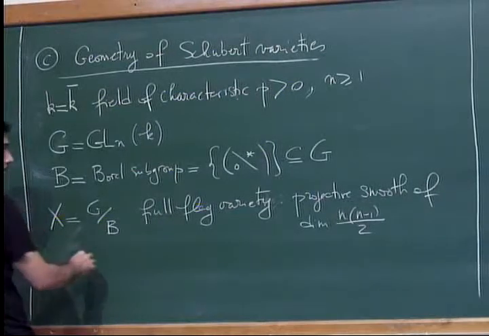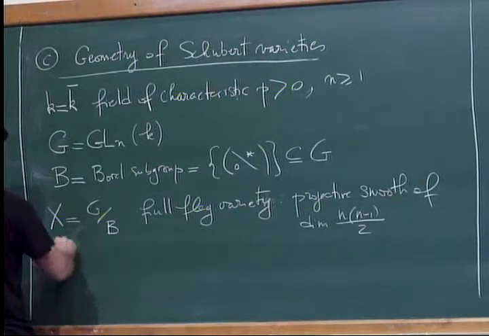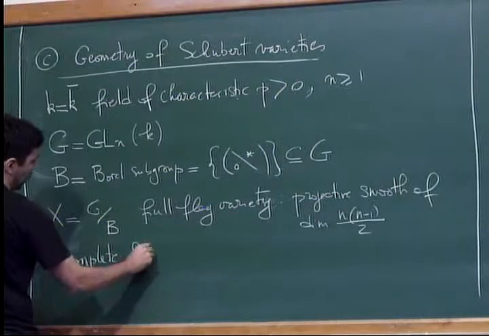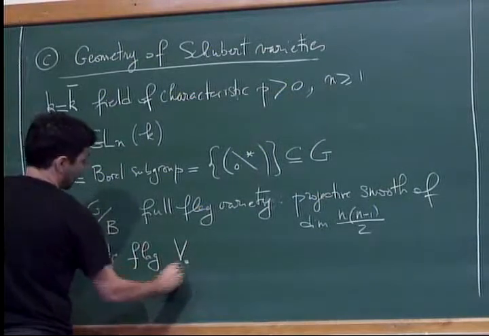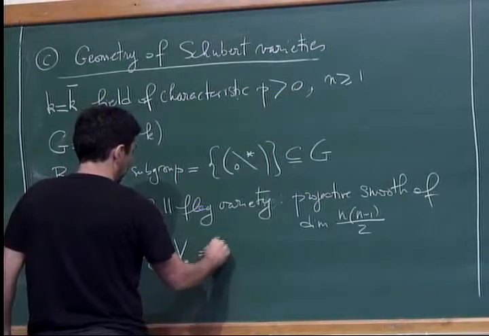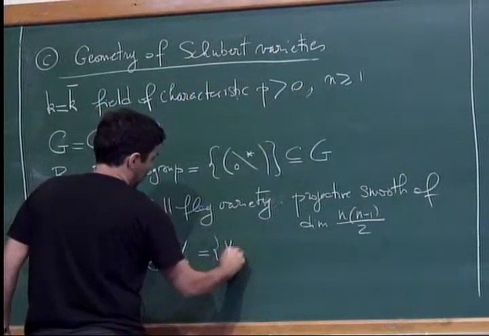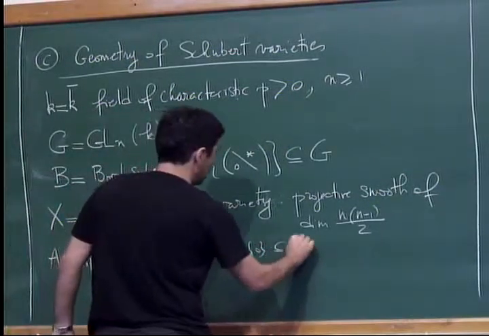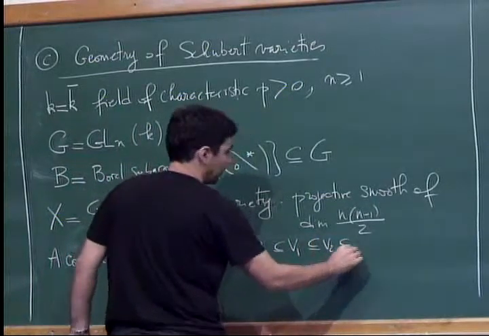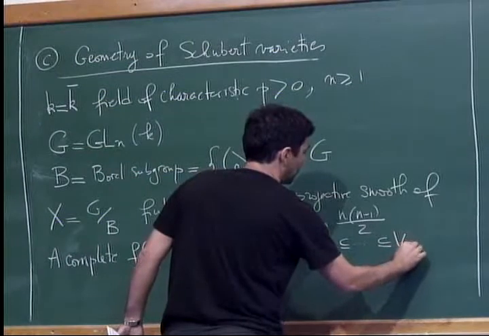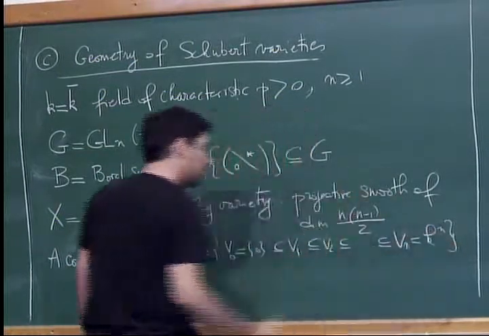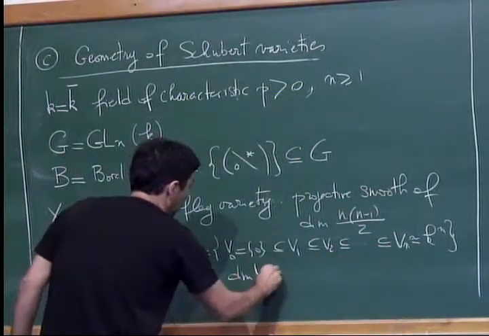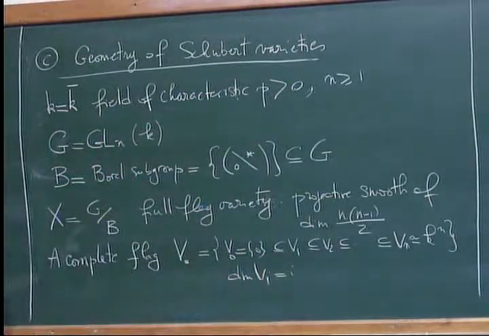So define a complete flag D to be a sequence of vector spaces, the zero vector space contained in V1, contained in V2, and so on, contained in Vn, with the condition that the dimension of Vi is exactly i.